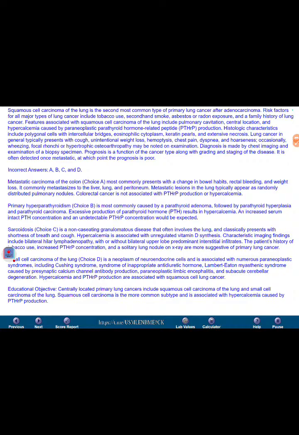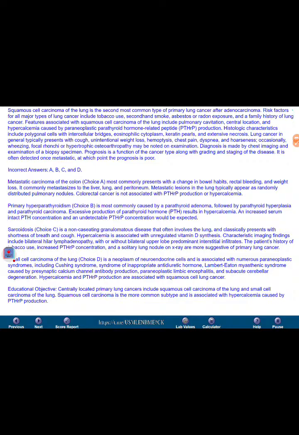Sarcoidosis is a non-caseating granulomatous disease that often involves the lungs. It presents with shortness of breath and cough, and hypercalcemia with unregulated vitamin D synthesis. Diagnostic imaging findings include bilateral hilar adenopathy with or without bilateral upper lobe predominant disease.